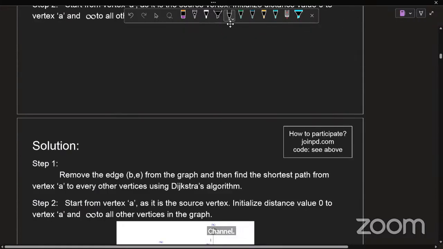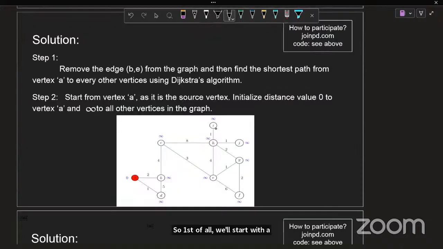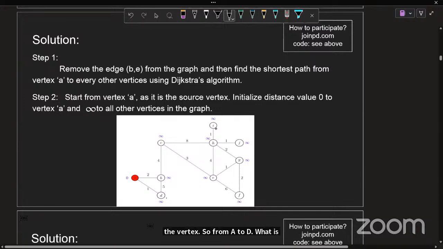So first of all, we'll start with A. So our source vertex A will be 0, meaning the shortest path from the source vertex to itself is 0, and the rest of the vertices will be infinity. And we will remove this BE. So now we will find the shortest path for all the vertices. So the shortest path from A to D, what is it? It will be 1 for this, and for this it will be 2, right?